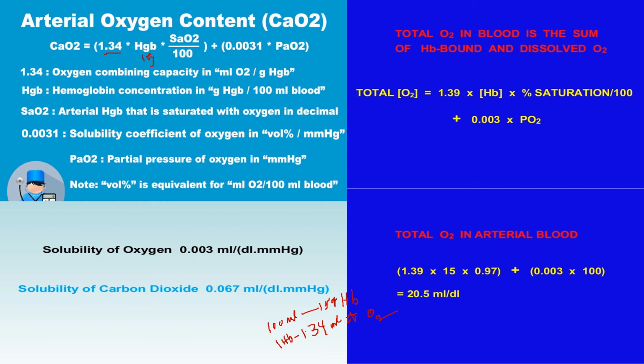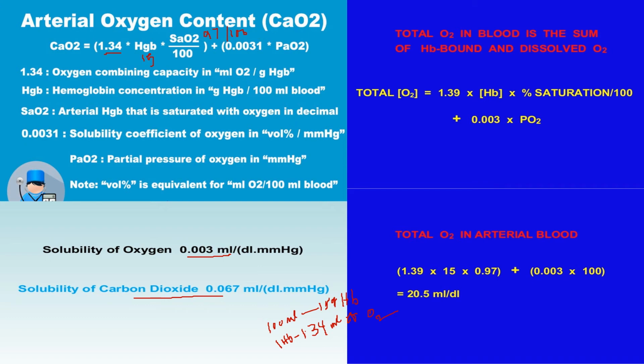Here 97% of hemoglobin is saturated with oxygen, so 97% is 97 by 100, plus 0.031 times the partial pressure of oxygen. So 0.031 is the solubility coefficient of oxygen. The solubility of oxygen is 0.03 ml and the solubility of carbon dioxide is 0.067 ml per dl.